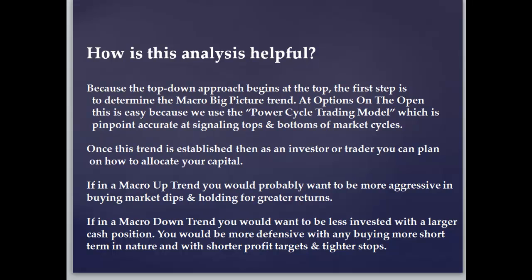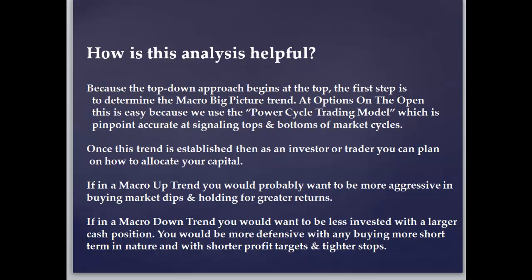Once this trend is established, then as an investor or trader, you can plan on how to allocate your capital for either your investing or your trading. In an uptrend, you would probably want to be more aggressive in buying market dips and holding for greater returns.